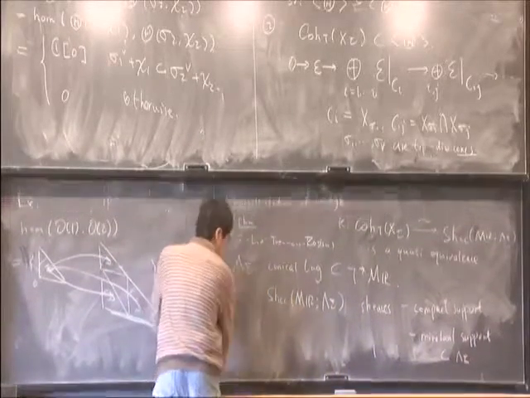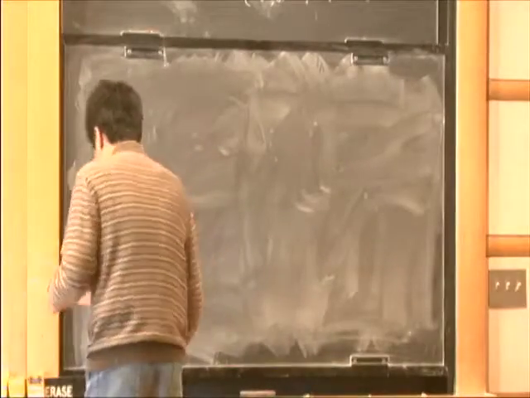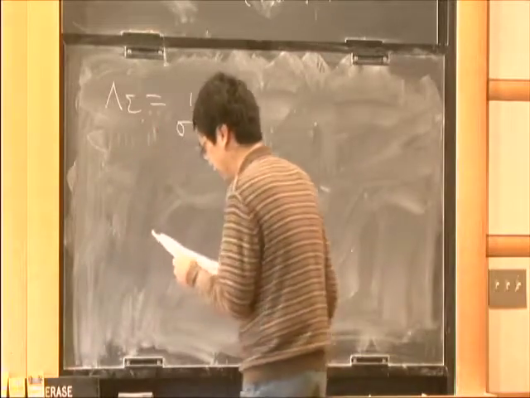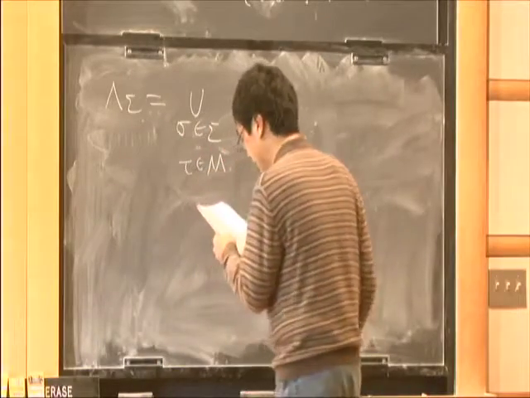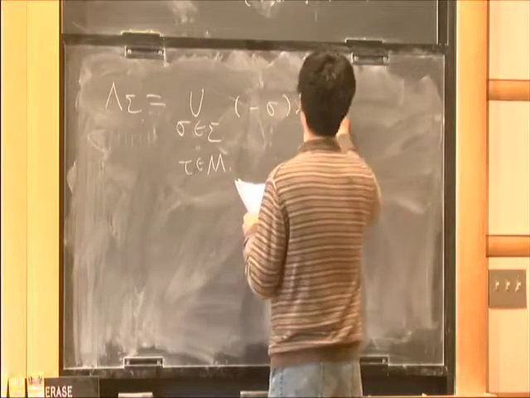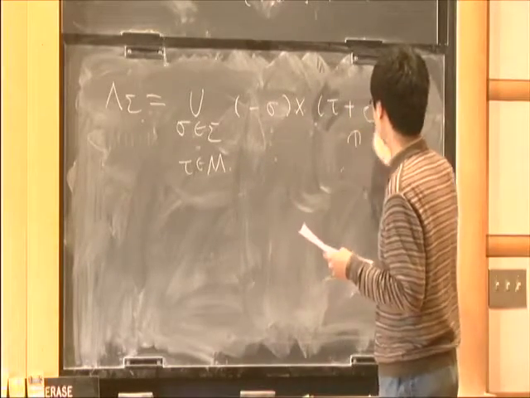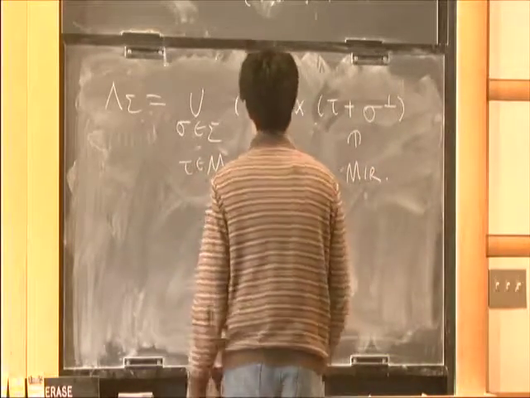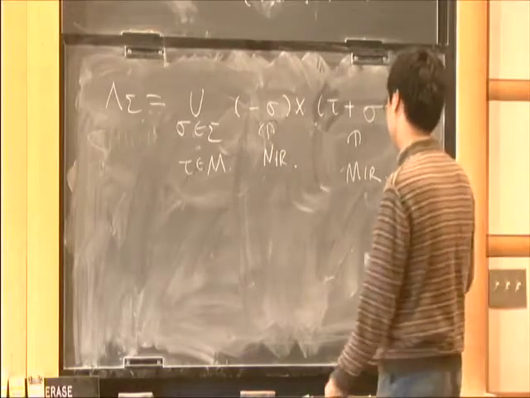I will construct it here. So this Lambda sigma is simply, for any cone sigma inside this fan, and for any tau inside this character lattice, sigma perp plus tau lies inside M_R, and sigma lies inside N_R. So if sigma is k-dimensional, sigma perpendicular is n minus k-dimensional.